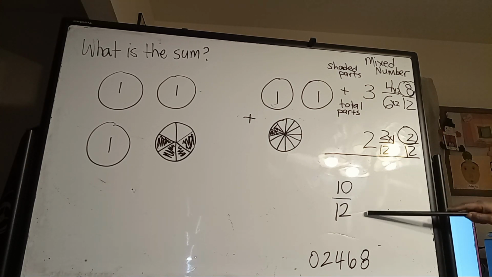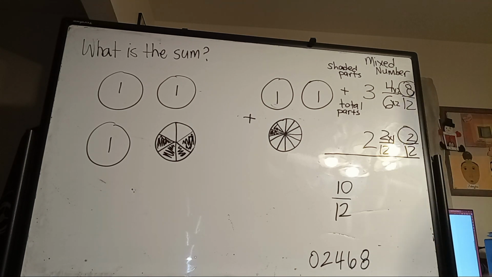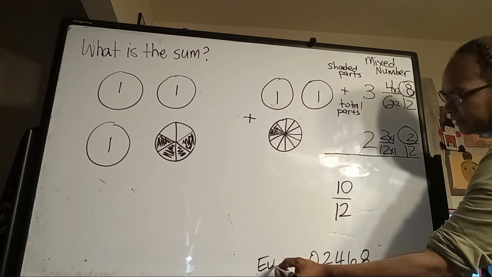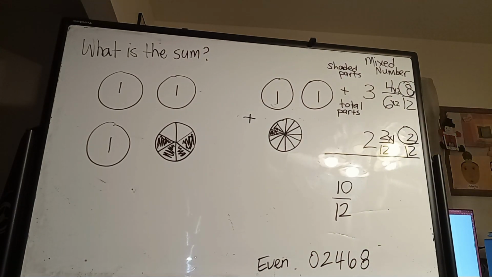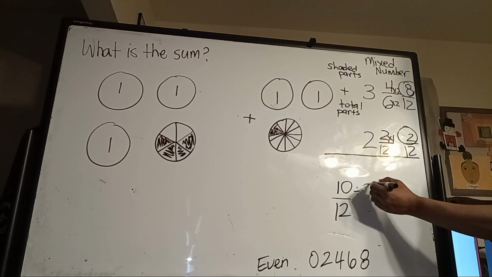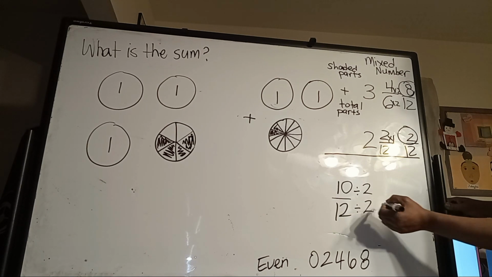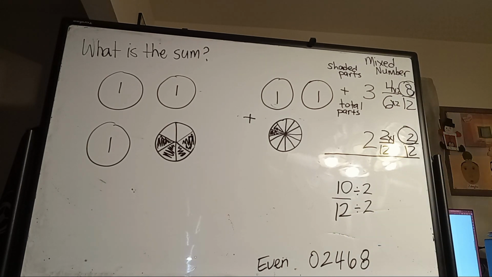We only look at the 1s. You see there's a 0, you see there's a 2. That makes them even. All right? So anytime we have an even number, it means we can also divide by 2. And that is what you are to do. When you hit two even numbers on top of each other in a fraction, immediately divide by 2.